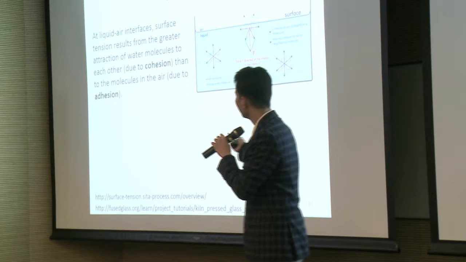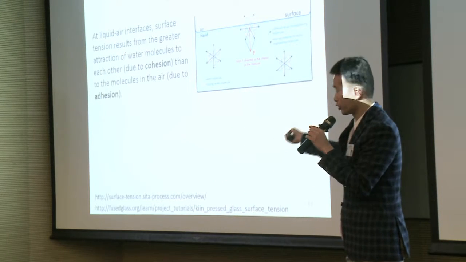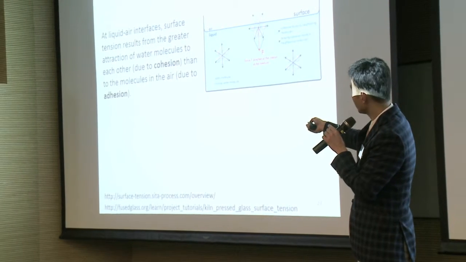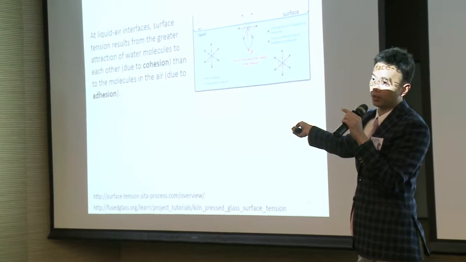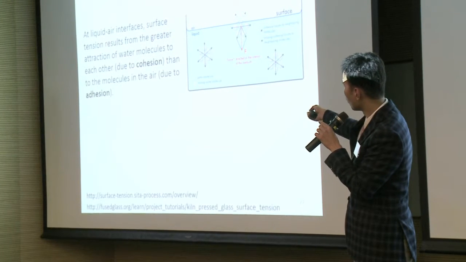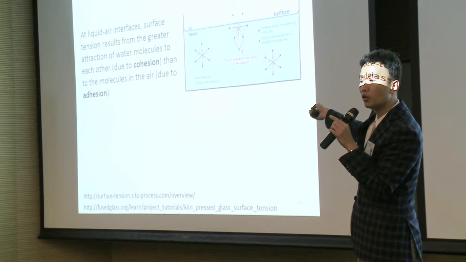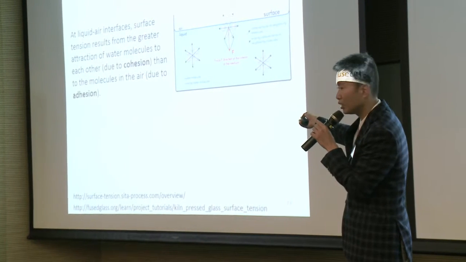The whole idea is that if you look at this water molecule, it's surrounded by 6 other water molecules, everything is perfectly fine, so they're happy. But if you look at the water molecule on the top, on the surface, they're missing 2 water molecules to keep them happy. So they're not happy here.